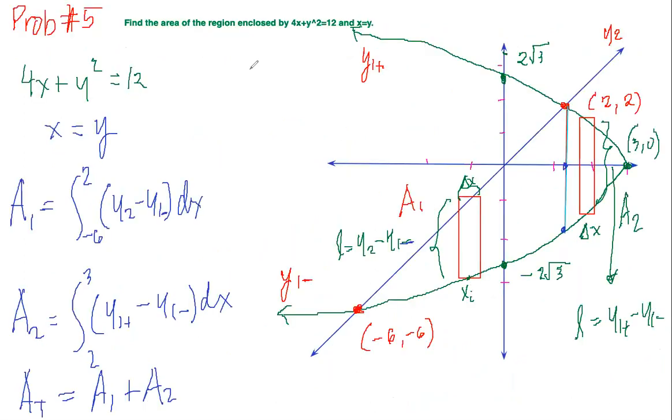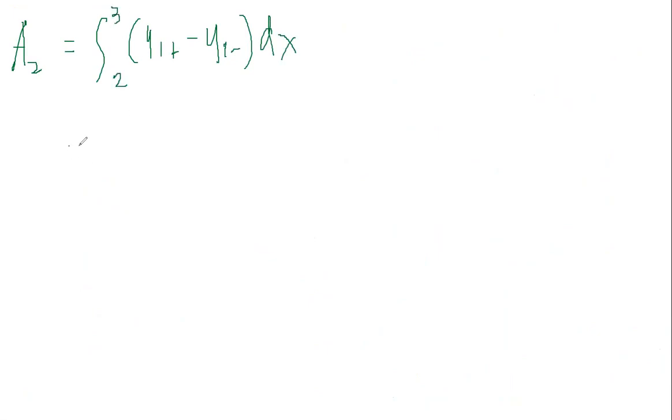So what we need is to find the value of a sub 2 here, right? So a sub 2 is just this, y sub 1 plus minus y sub 1 minus from 2 to 3. Okay, so let's go to a sub 2. So to get the second area, this is equal to the integral of y sub 1 plus minus y sub 1 minus dx from 2 to 3. All right, so you may check that later.